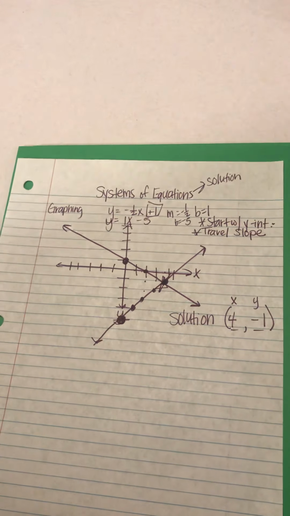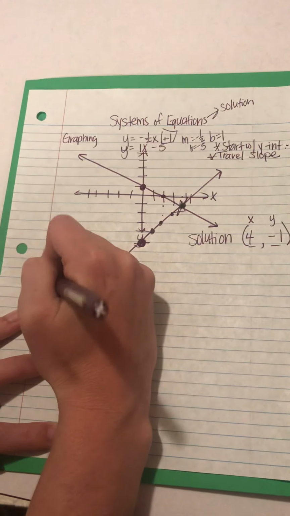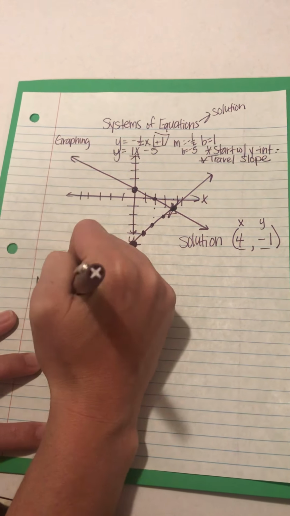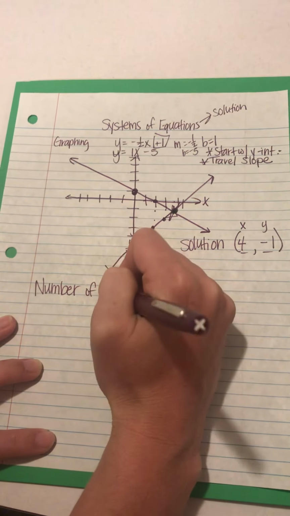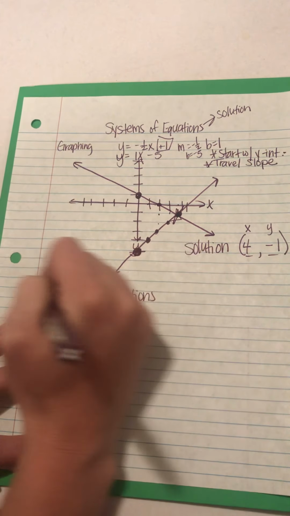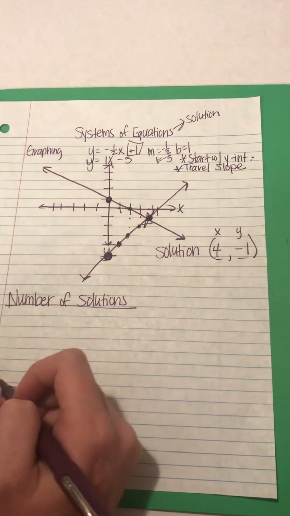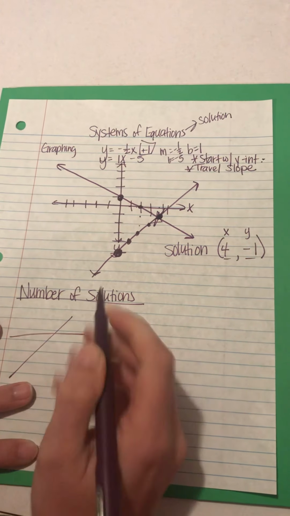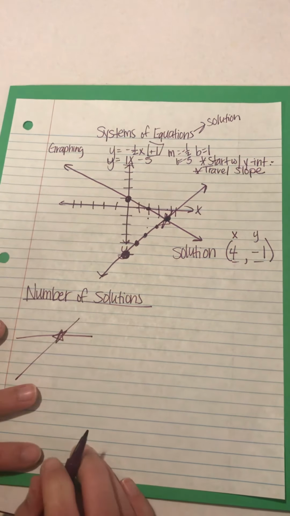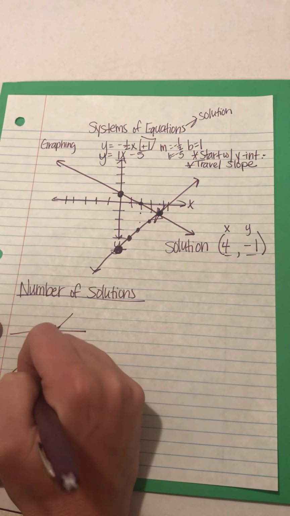Sometimes we have different numbers of solutions. If we have a graph that looks like this, and they meet in one place, that's one solution.